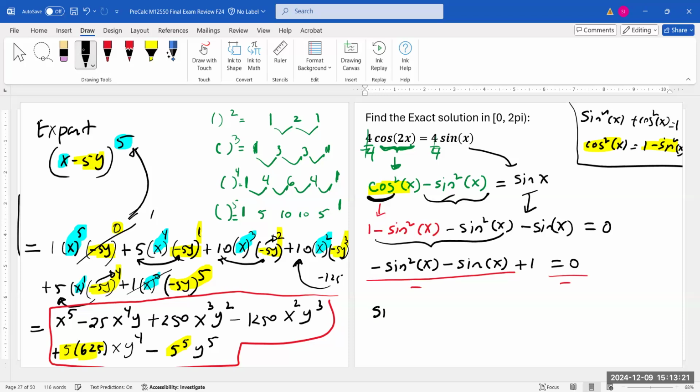We get positive sine squared, positive sine, negative 1, equals 0. Did I do something wrong? Yeah, I did something wrong. Sine squared minus sine squared gives us 2 of them. I missed that. We have negative 2 sine squared.